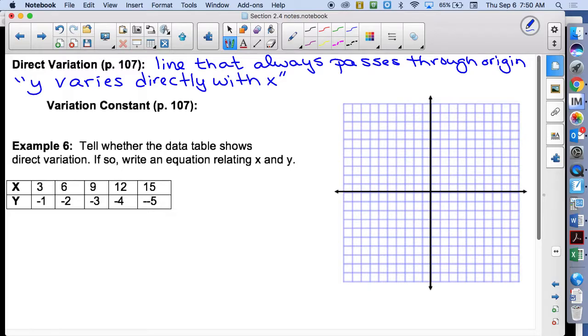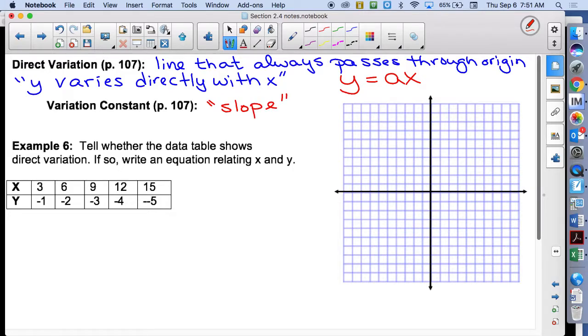And a direct variation looks like y equals a times x, because there's no b value. So instead of y equals mx plus b, we're eliminating that b if it's always going through the origin. We also changed the slope, because it really is called the variation constant. It's not called the slope, so we changed the letter. So the variation constant is technically the slope.